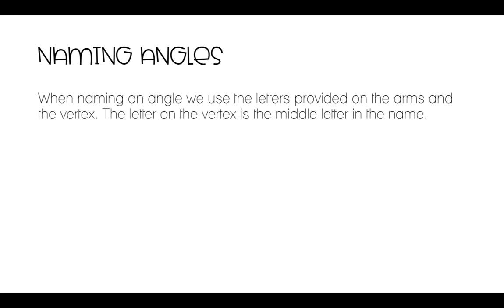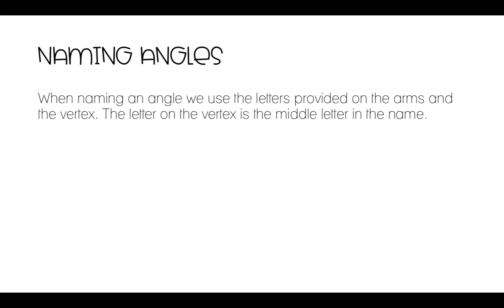So let's name angles as well. Naming angles is different to naming the type of angle. We've talked about the types of angles being acute, obtuse, straight. But if we're to name the angle, it means that we are naming an angle using the letters provided on the arms and at the vertex, which is the point where the two or three or four lines connect.